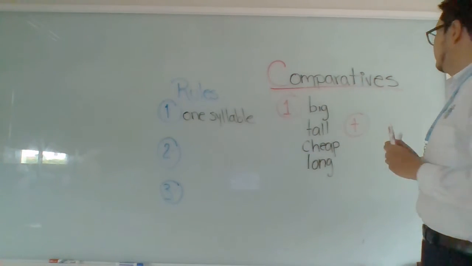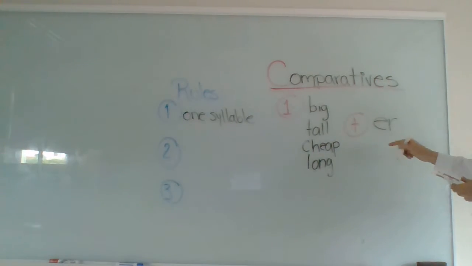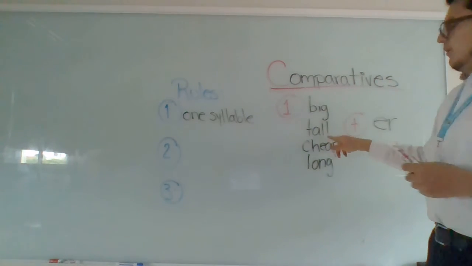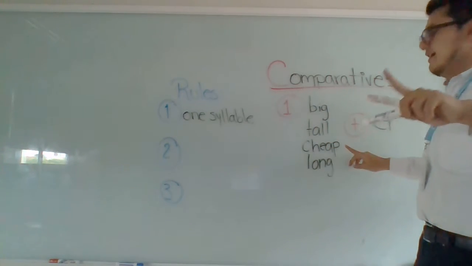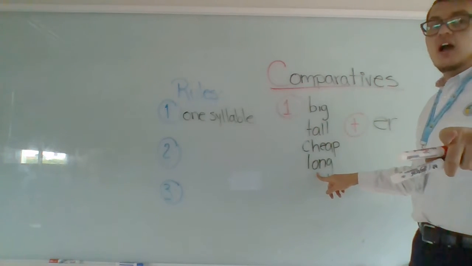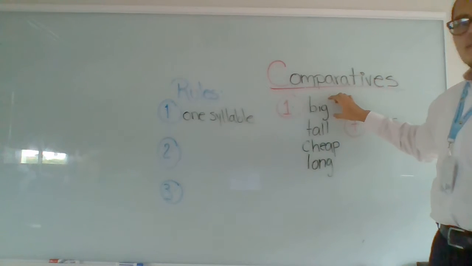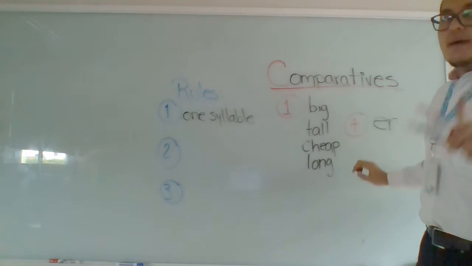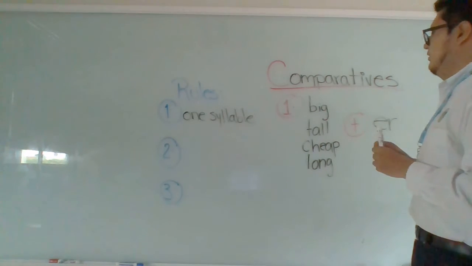two letters. ER. We already saw this: tall, taller, cheap, cheaper, long, longer. Here with big, we have to take another thing into consideration.